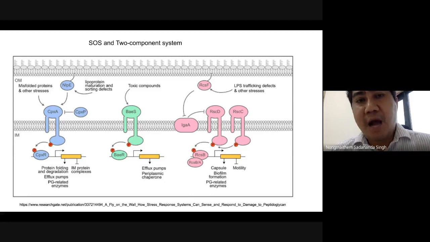And how that is done is through, when you have a lot of these things going on, the SOS response coming up.